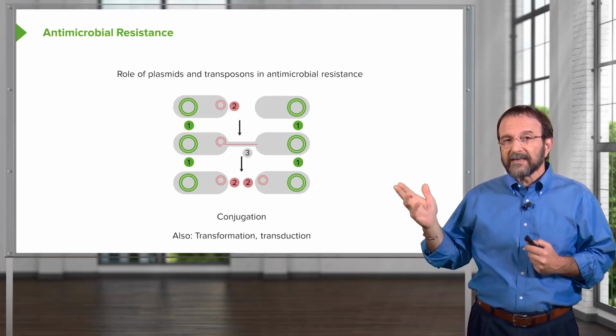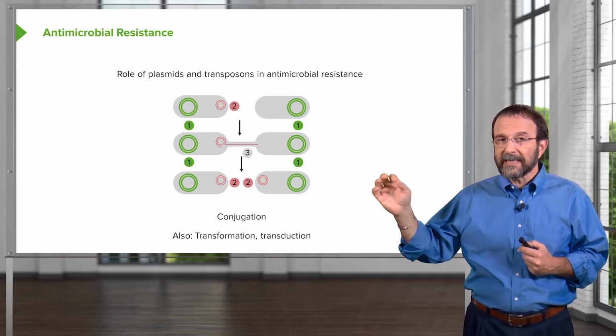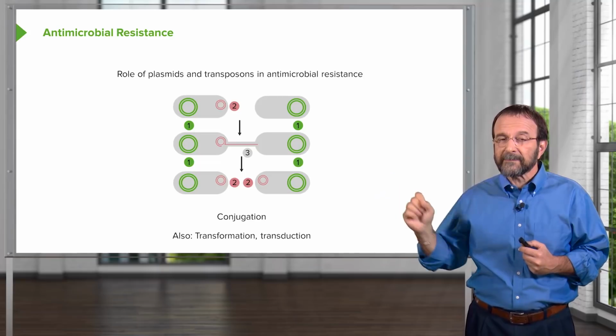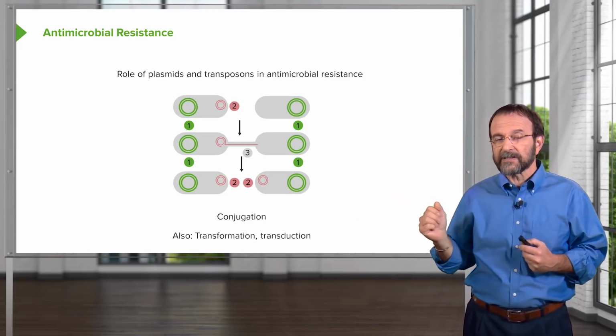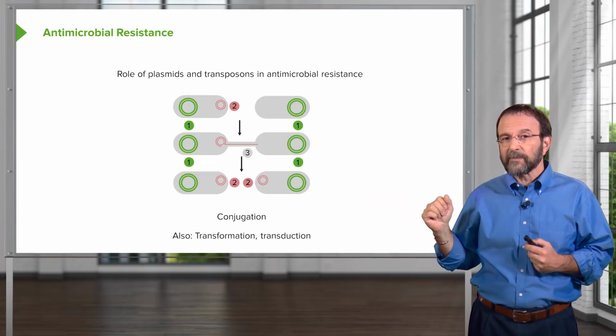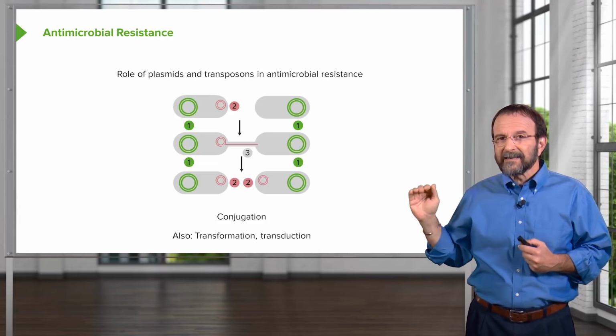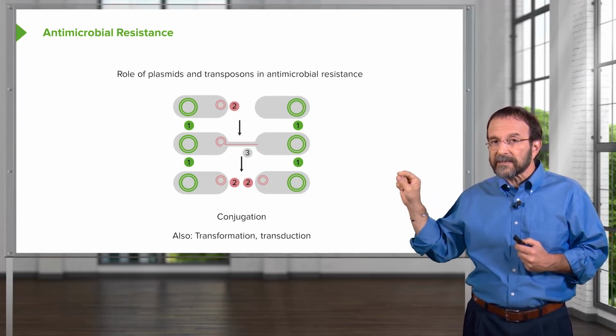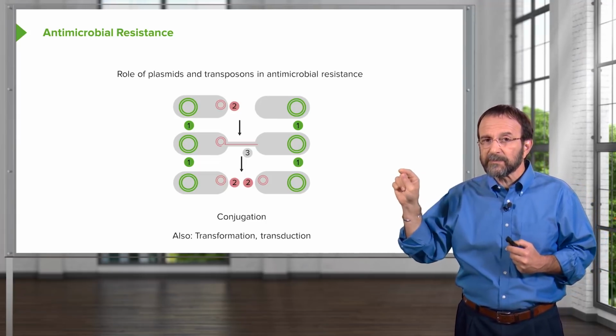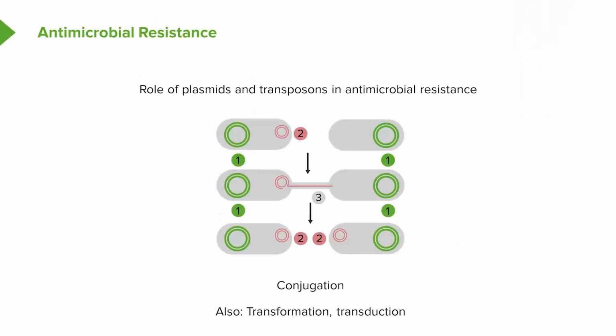On the upper left is a bacterial cell with a chromosome in green and a smaller plasmid in red. Let's say this plasmid encodes a beta-lactamase, which confers resistance to beta-lactams to that bacterium. Well, in the second set of bacteria, the two bacteria are now exchanging DNA through a pilus that's joining the two cells, and the plasmid is moving from one cell to another. The result is that that second cell now acquires antibiotic resistance.